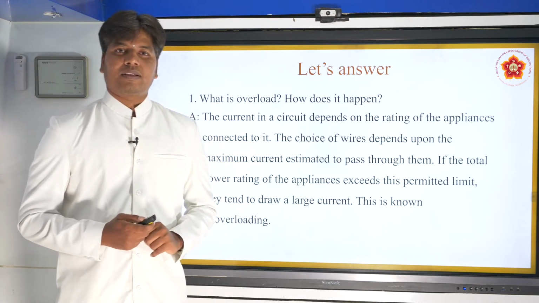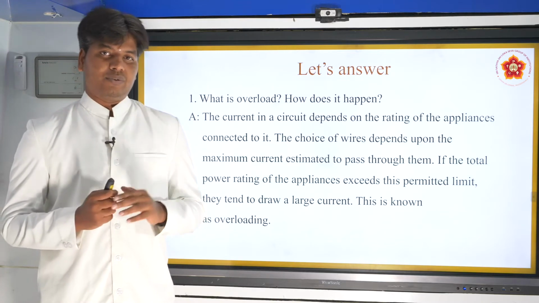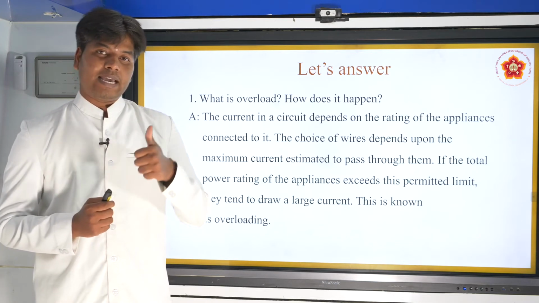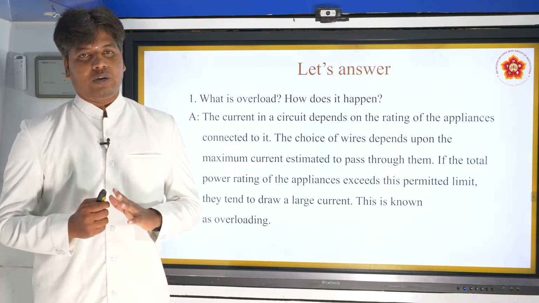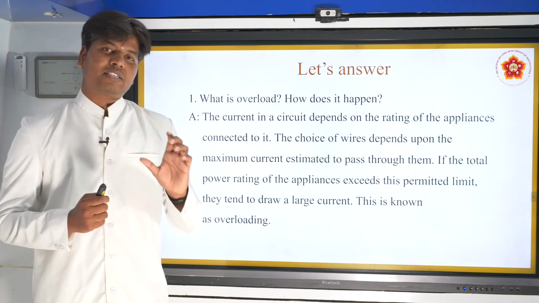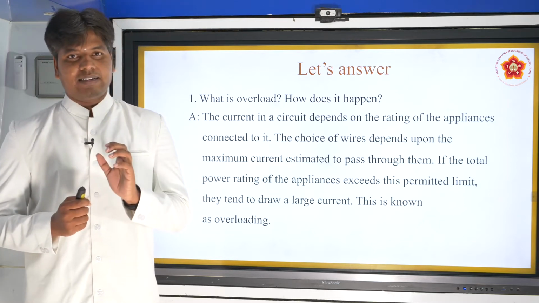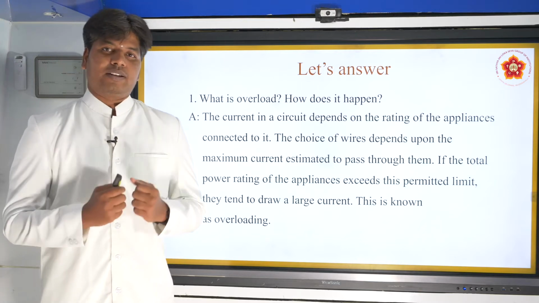In a domestic circuit, we have two parallel circuits: one is a high power rating circuit, one is a low power rating circuit. What do they do?